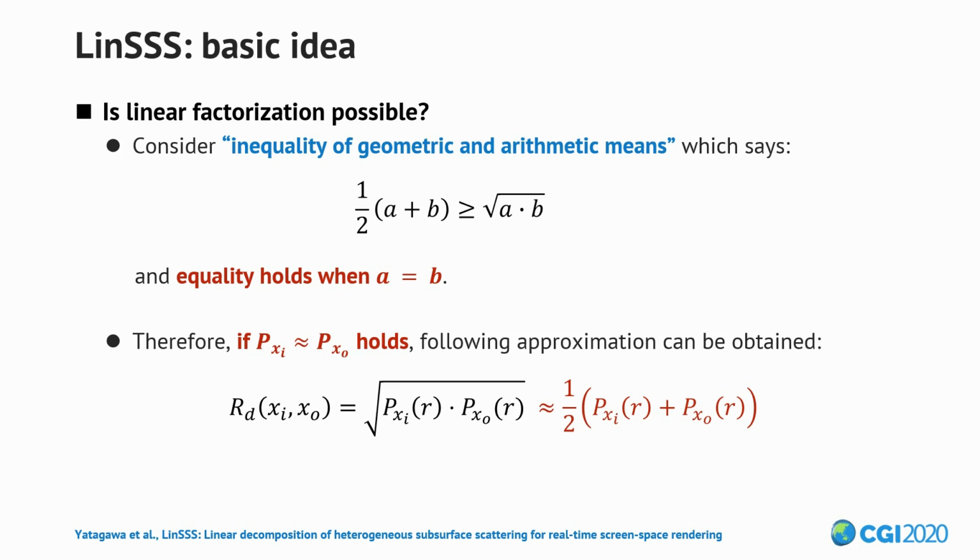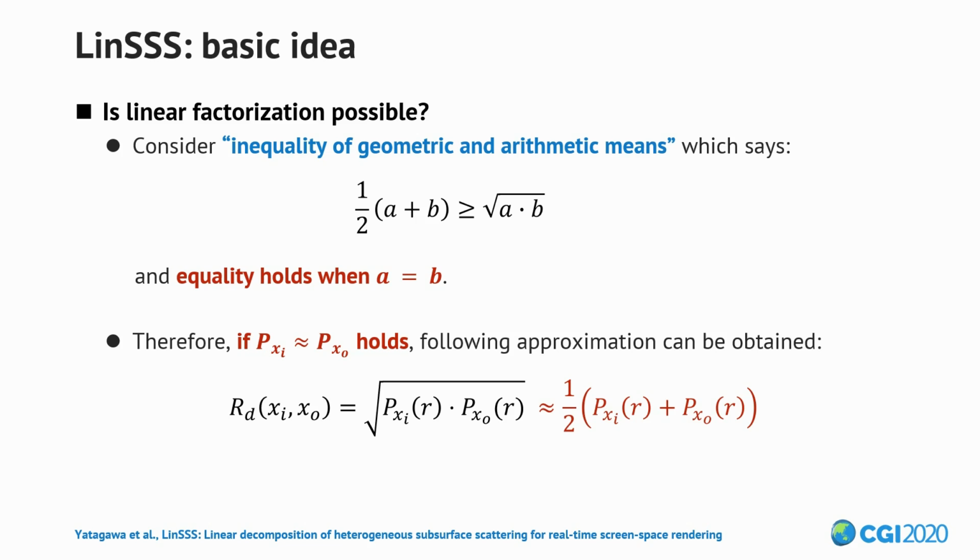We came across the idea to use a famous inequality between geometric and arithmetic means. As many of you know, this inequality says the arithmetic mean of two numbers is larger than the geometric mean of them. What is more important here is that it also says if two numbers a and b are the same, the arithmetic and geometric means of the two numbers are also the same.